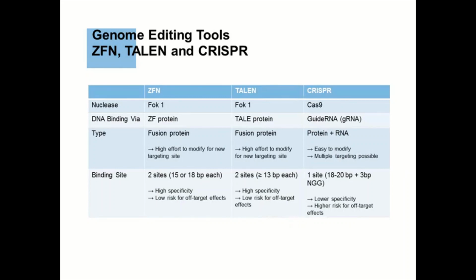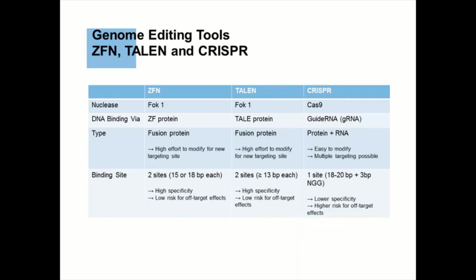Here, this table shows the differences between zinc finger nucleases, transcription activator-like effector nucleases, and the CRISPR-Cas9 system. The nuclease type is FokI in both zinc finger nucleases and TALENs, but it is Cas9 in the CRISPR-Cas9 system.